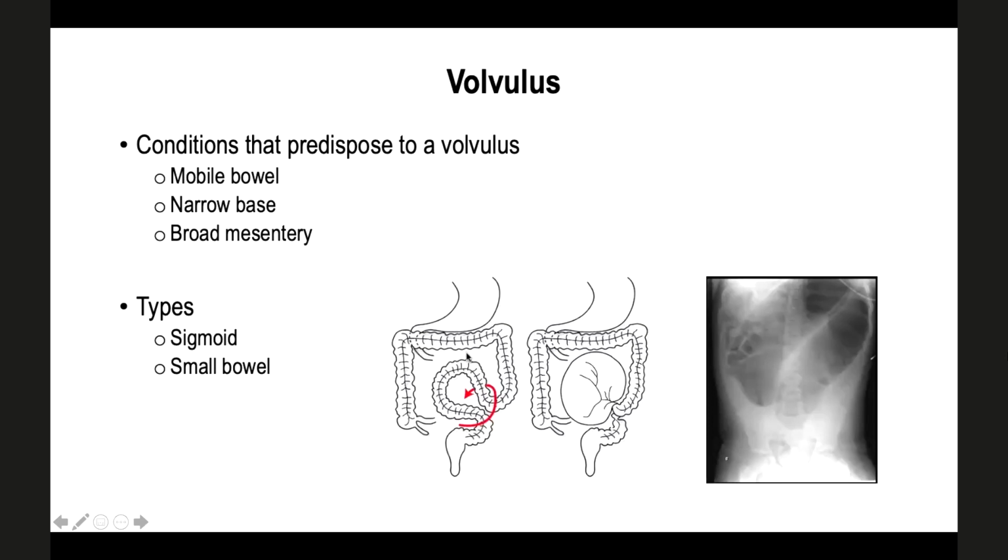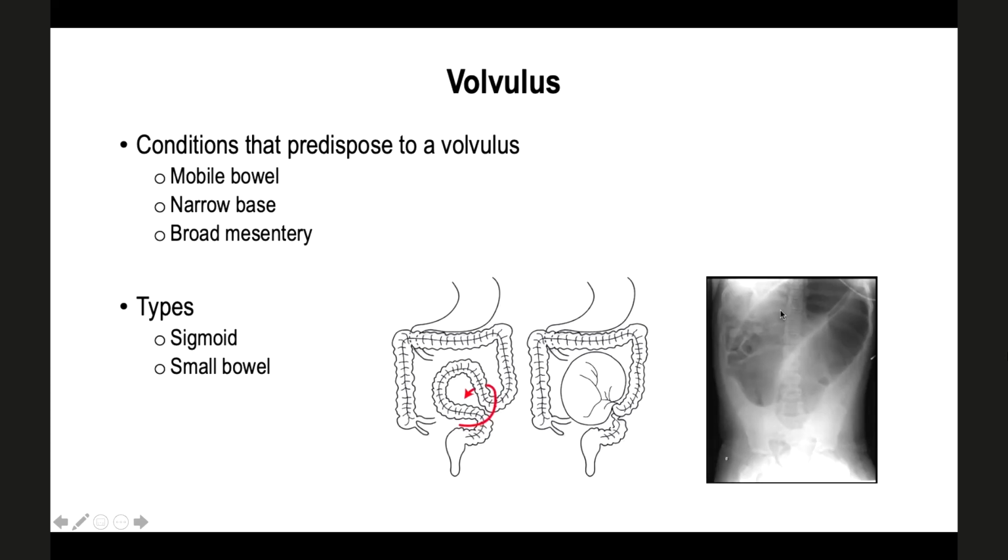If you think of the small bowel, it's on a very narrow pedicle. I have got several feet of small bowel on that narrow root of mesentery, with the small bowel mesentery opened out like a fan. So it can actually twist. Similarly, if you think of the sigmoid colon, you can have a very long redundant sigmoid colon with a very small narrow base, and it can easily twist upon itself. And when that occurs, you have what is called a sigmoid volvulus or a small bowel volvulus.